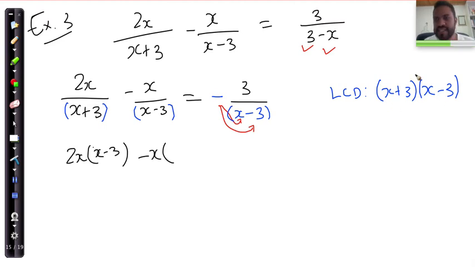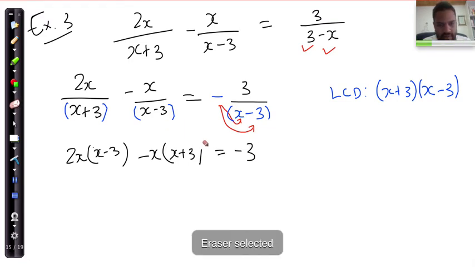I'm multiplying with this LCD over here, the x minus 3 cancels out, and I'm left with x plus 3. And now I put down the negative 3, right? I should erase this part over here. Okay, I put down the negative 3, the x minus 3 cancels with x minus 3, and I'm left with x plus 3 multiplied by that 3 over there.